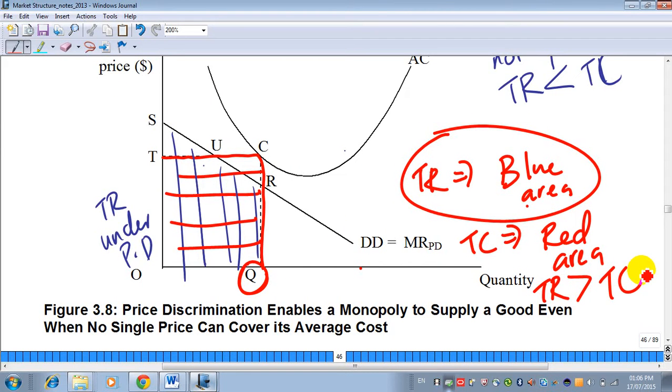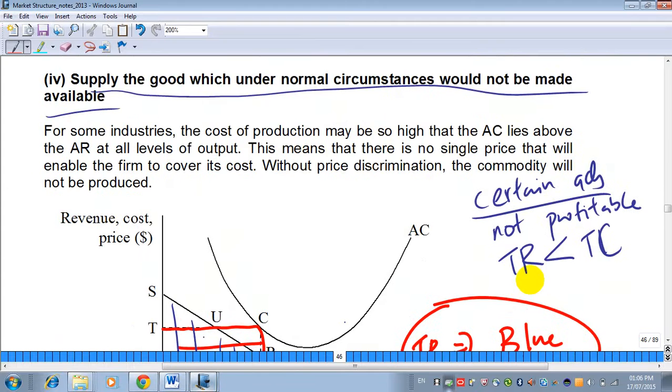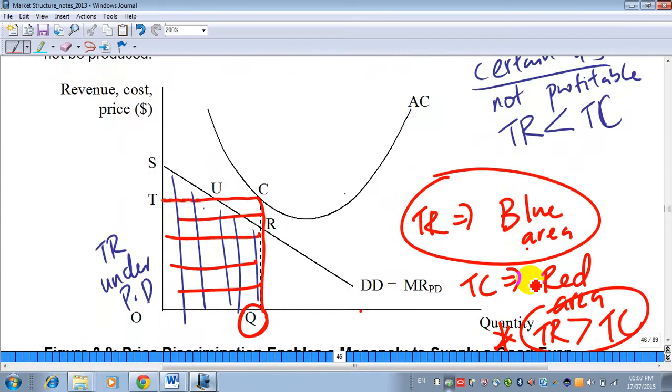Okay, so in such a situation where TR minus TC is positive, this is a very important result when there's first degree price discrimination: such a good will be produced. Now let me summarize what I've just said. Under normal circumstances, it is not profitable because the AC curve is entirely above the AR curve all the time.